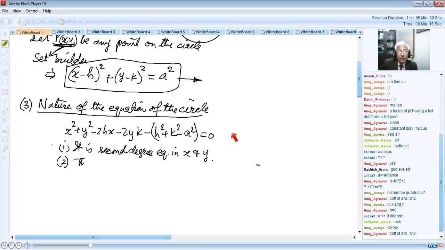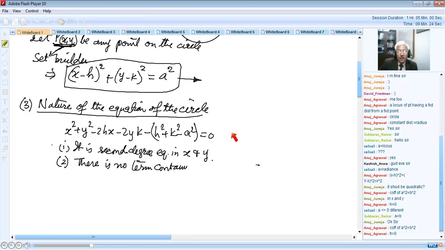Number two, there is no term containing xy. I'll tell you why later. Number three, generally the coefficient of x square is equal to the coefficient of y square.